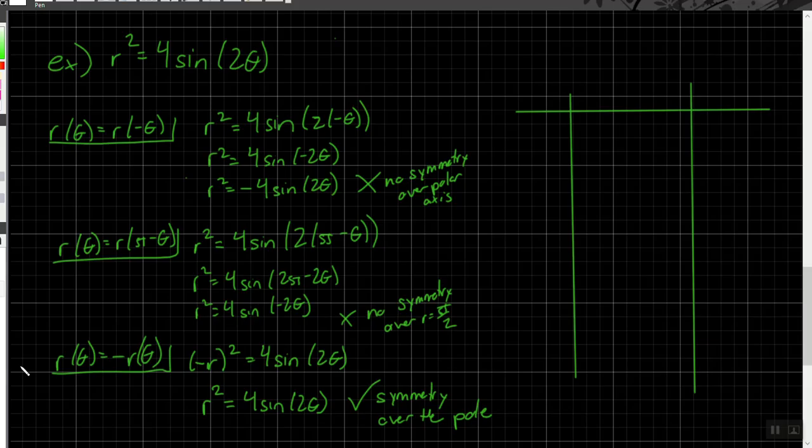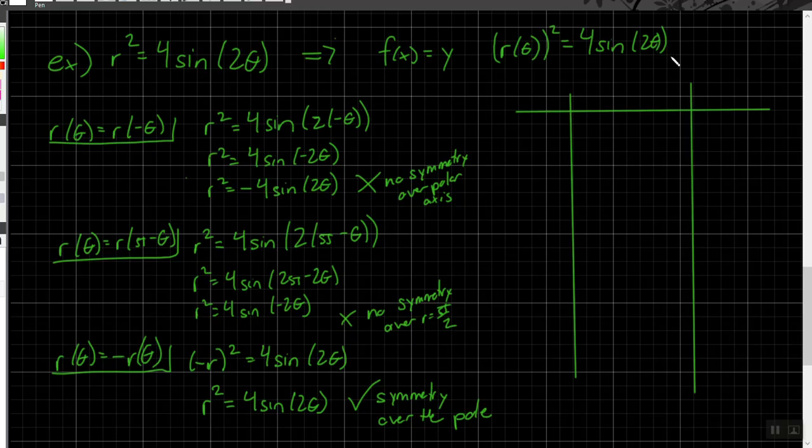How come the one on the left has a theta after the r, but there's no theta after the r in ours? It says r of theta equals negative r of theta, but there's no theta next to r when it's r squared. So remember f of x? It's the same as y. So we can say this whole function is like r of theta squared equals 4 sine of 2 theta.